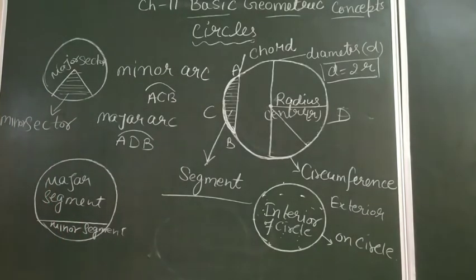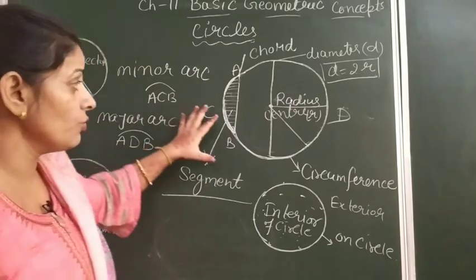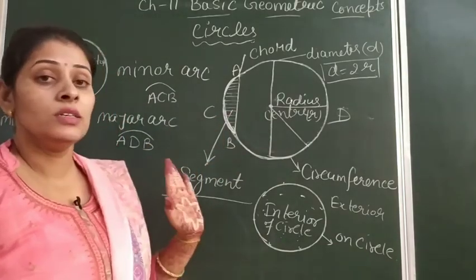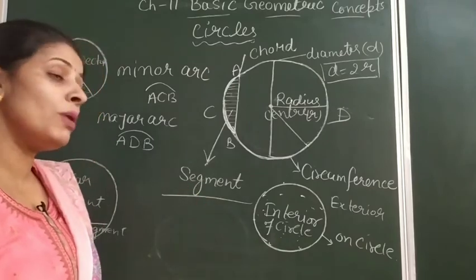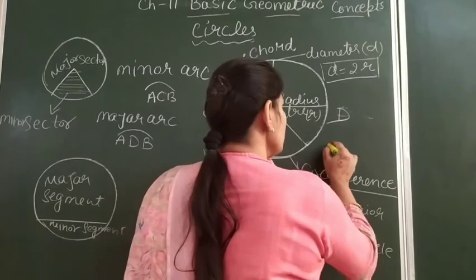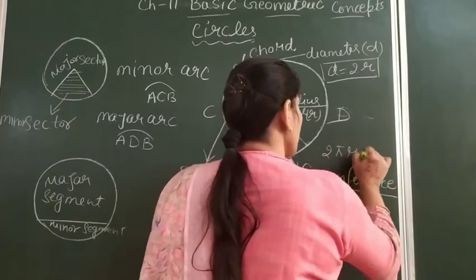So these are the basic concepts which we discussed today about the circle. If we talk about their formulas, what is the formula for circumference? 2 pi r.